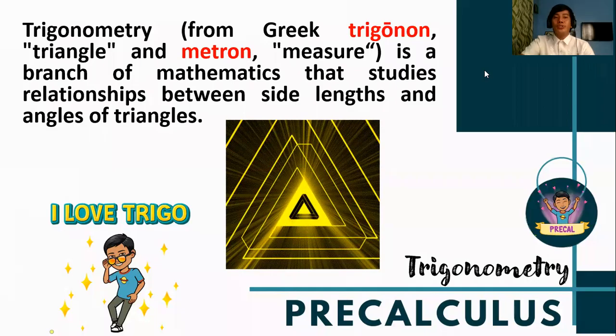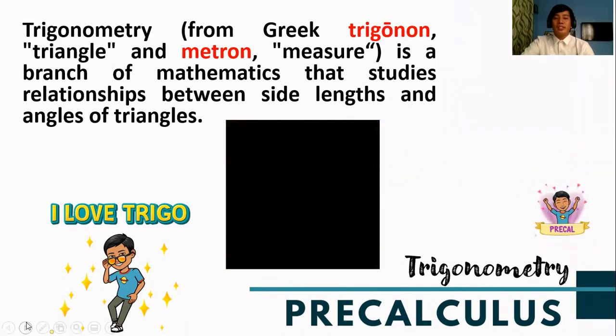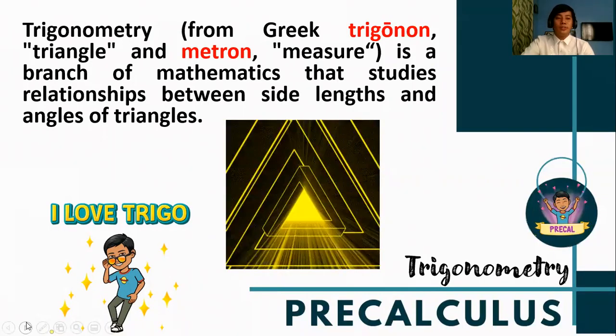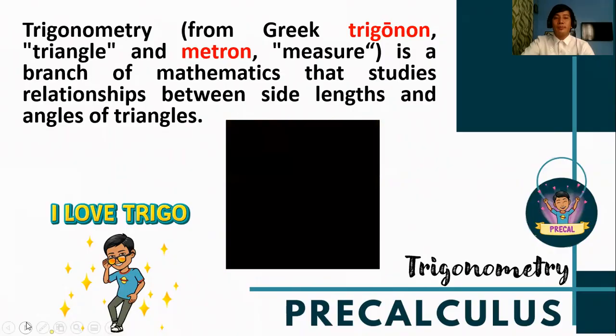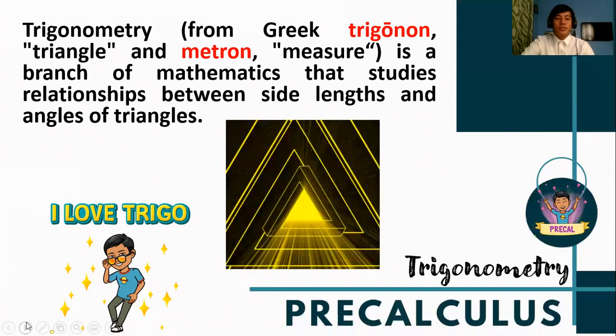But we can also study trigonometry through the use of circles, just like how Hipparchus studied it. So it also involves other geometric figures aside from triangles. So it was mistakenly denoted just for triangles because of the word trigonometry, but that does not only mean that we are only referring to triangles.